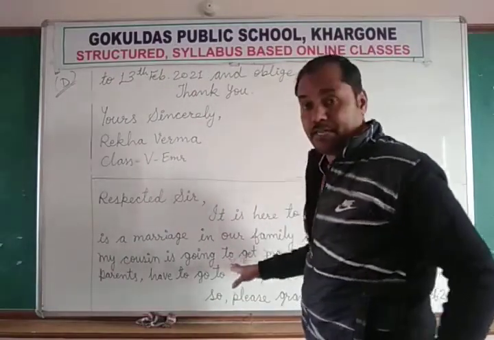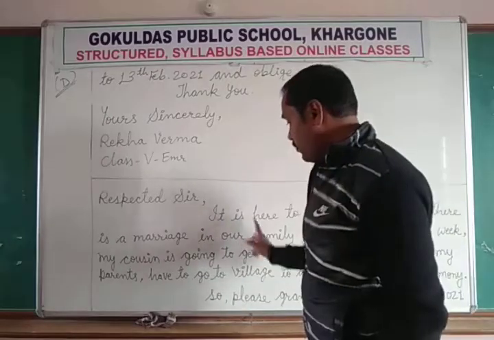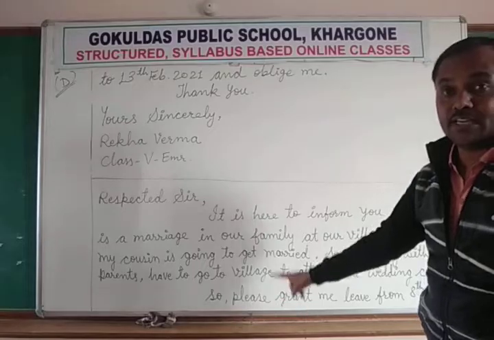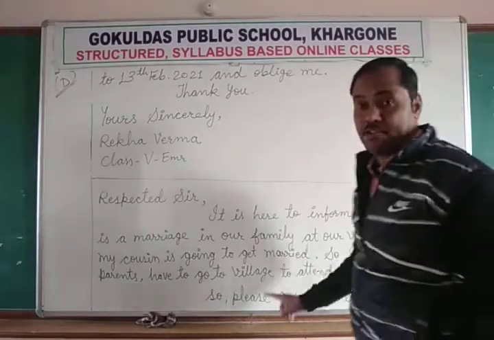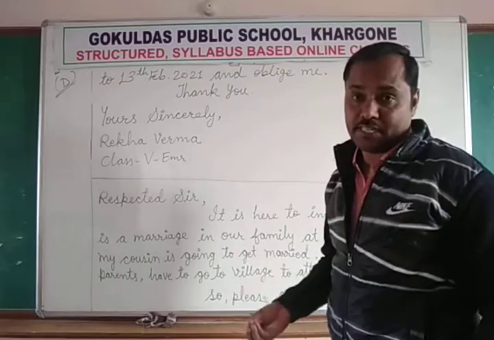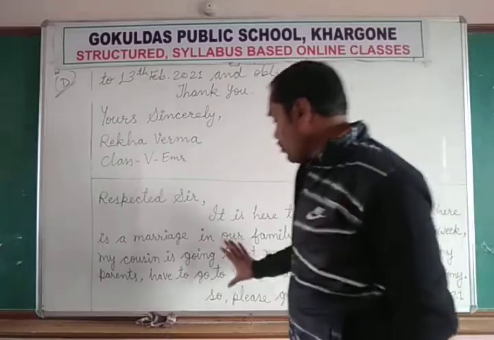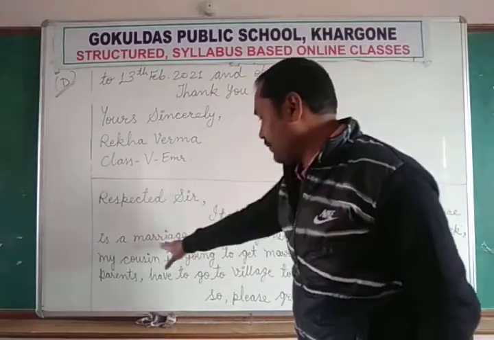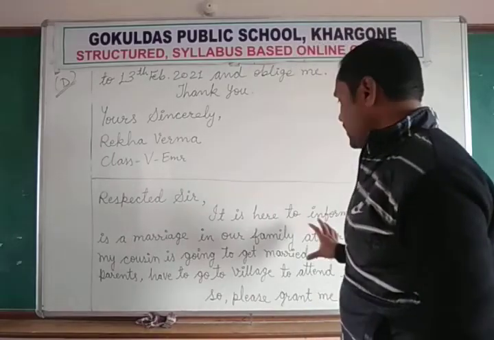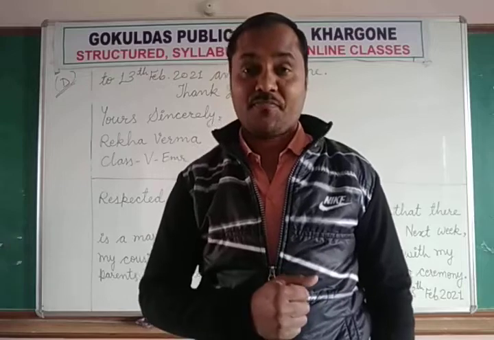If you make spelling mistakes or your sentence is grammatically wrong, you can lose maximum marks here. If you are making wrong sentences, then again you are going to get less marks, and if you are making spelling mistakes, then of course you are going to lose your marks. So most of the spellings, just like marriage spelling, cousins spelling, these type of spelling you can also look into the questions.